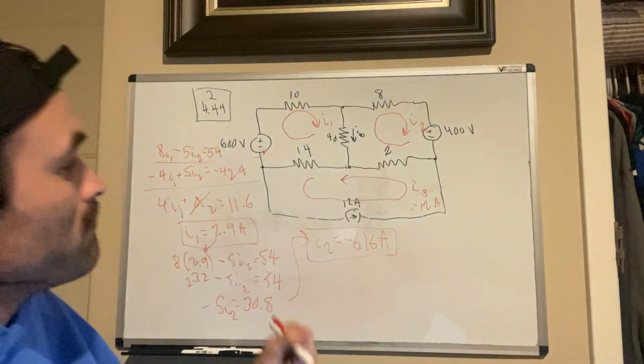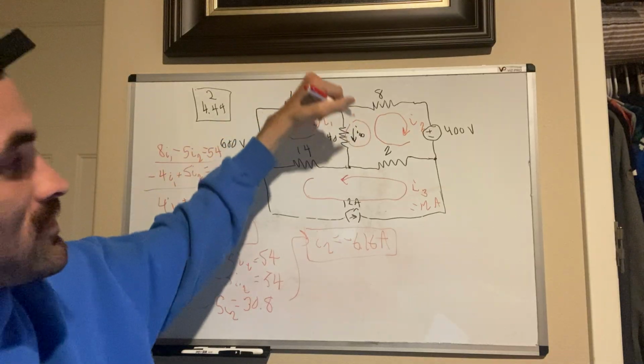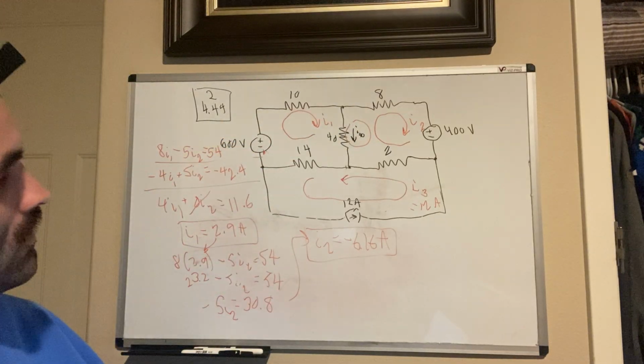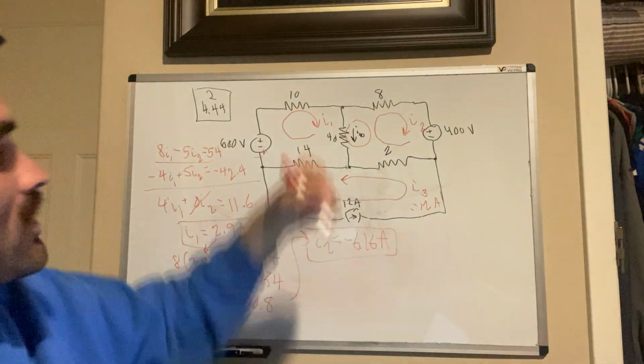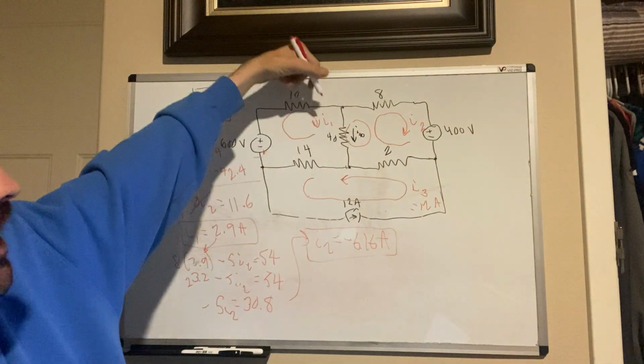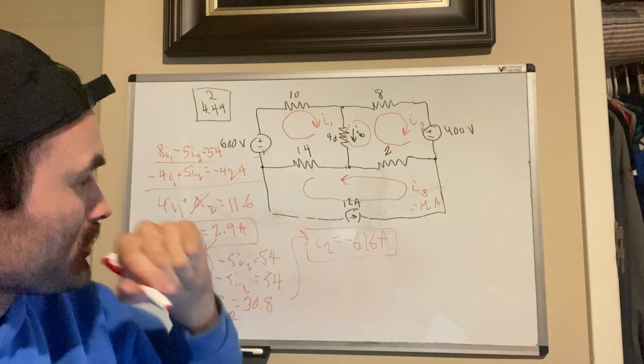Now we're asked to find the current that goes from top to bottom through the 40 ohm resistor. Well, that's awesome because we have one current that goes down through the 40 ohm and another that goes up, and we know their values.